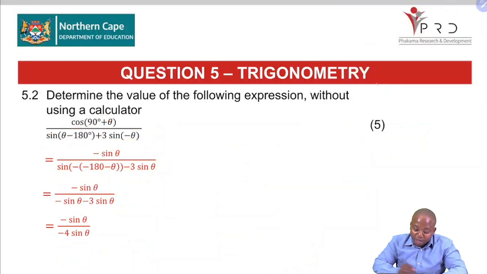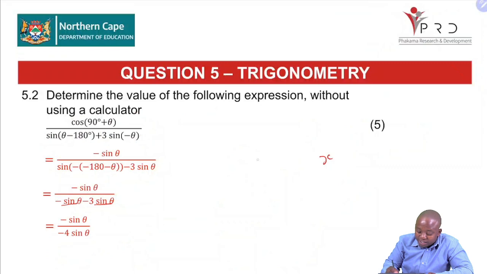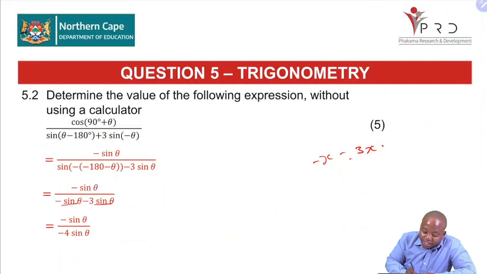Now, when we proceed with our solution, what do we have? These are like terms. So it's 3 sine theta, and it's more like, for example, let's say theta is x, sine theta is x, so it's negative x minus 3x. We must be able to relate algebra to this kind of question. So sine theta is actually 1 sine theta minus 3 sine theta.